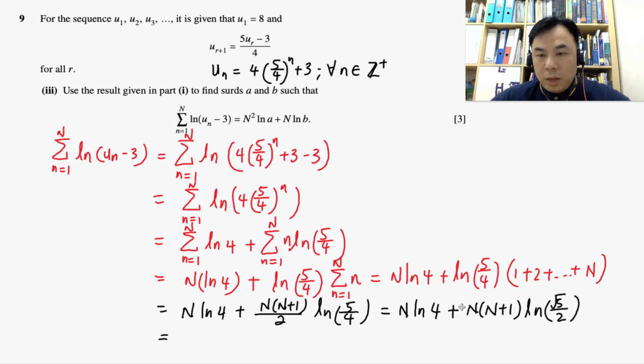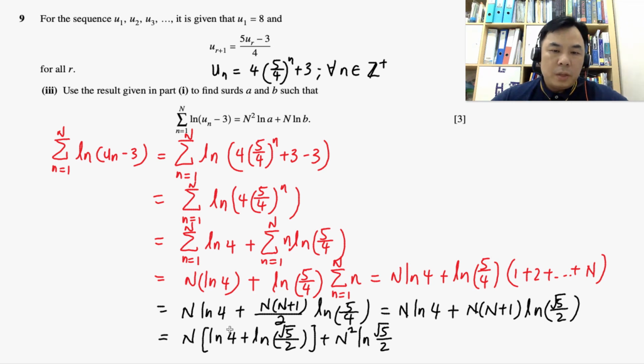We can group the like terms together. So take for instance, in this case, we can take out n. We have ln 4 plus another term, which is ln of root 5 over 2, and then plus n squared ln of root 5 over 2 here.